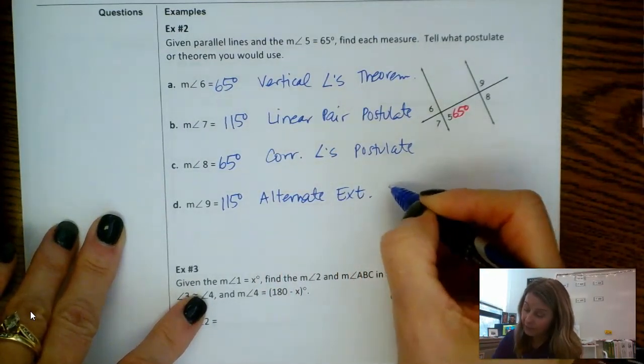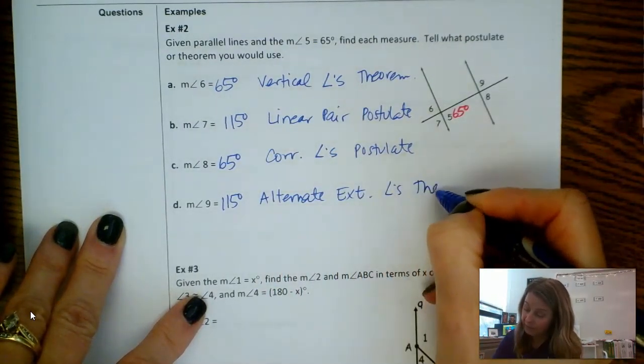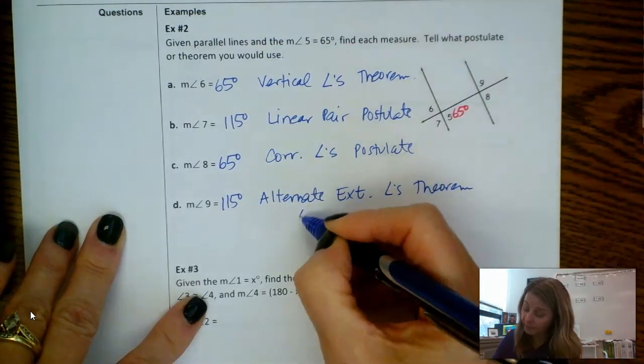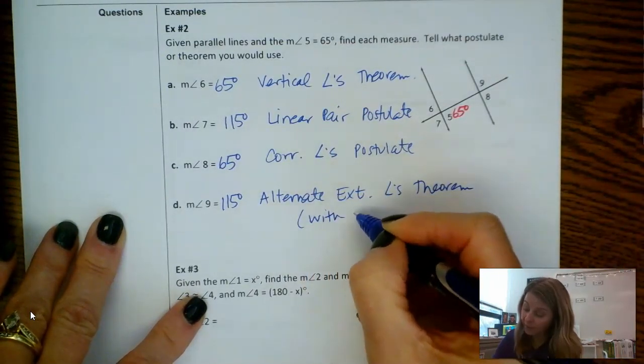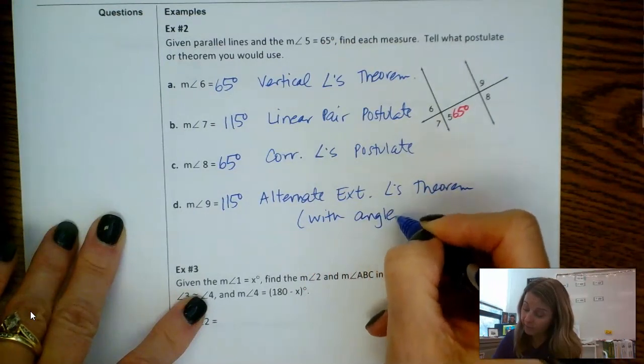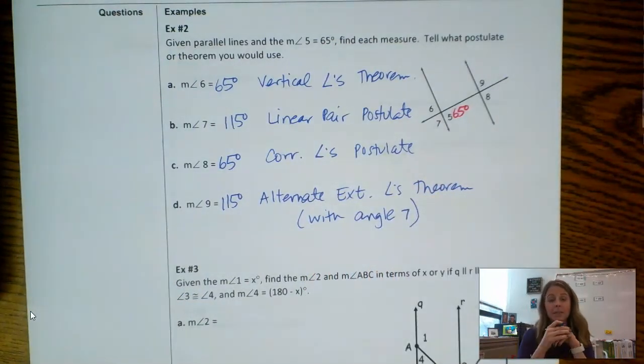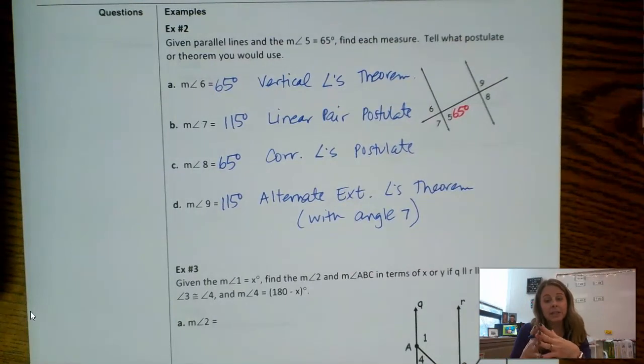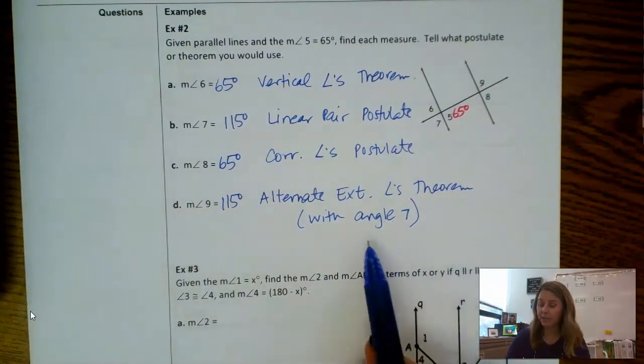And I'm going to put in parentheses here with angle 7. Because if I were to say alternate exterior angles theorem with 5, then that is not a correct relationship because 5 is 65. So I want to clarify which angle here.